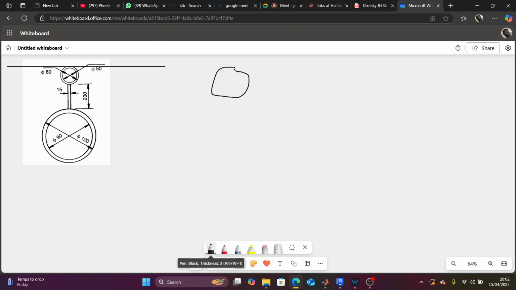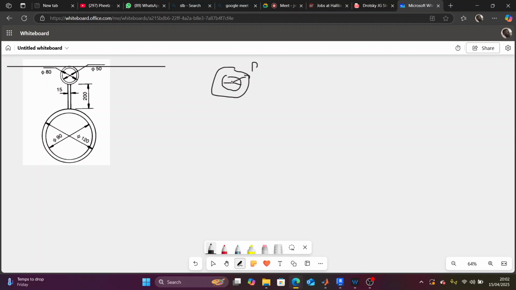If you have a circle inside a circle, we call it an allo, an allo shaft. Do you know what an allo is now? For this it means you have two diameters. You have the outside diameter, which we call big D, and the small diameter.